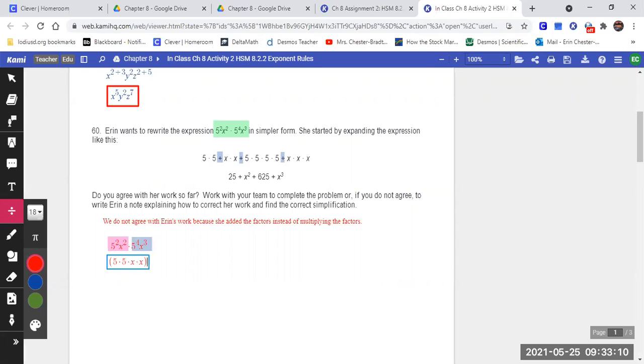Okay, and that's multiplying times the second one's parentheses, which would look like what? If we expanded it out.